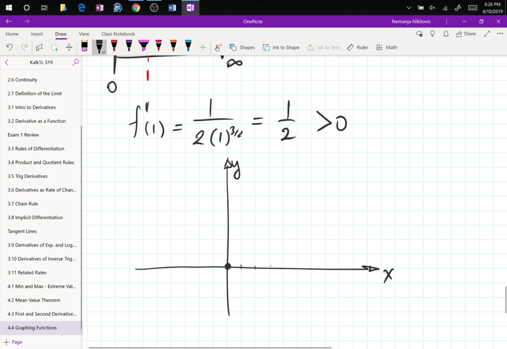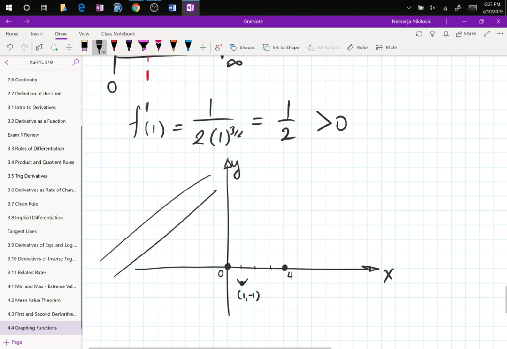Then we have 4, 0. So we have 0 and we have 4. Do I have a minimum at 1, negative 1? Sure I do. That's going to be a point. Now, minimum gets a little smiley through it, right? And max gets a frown.